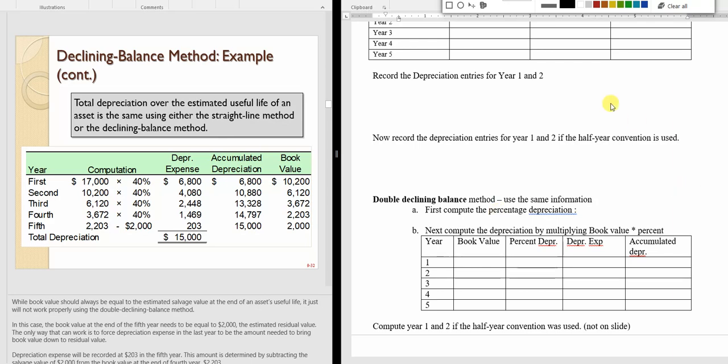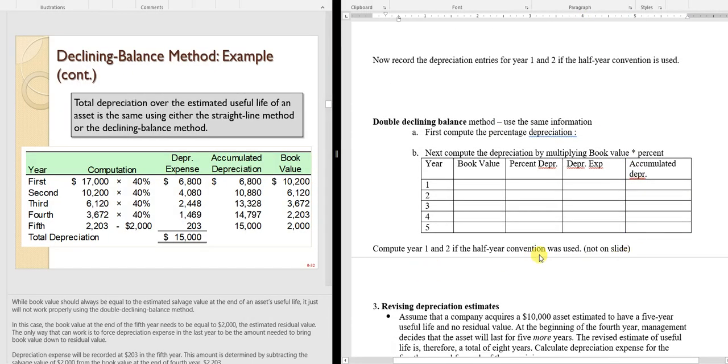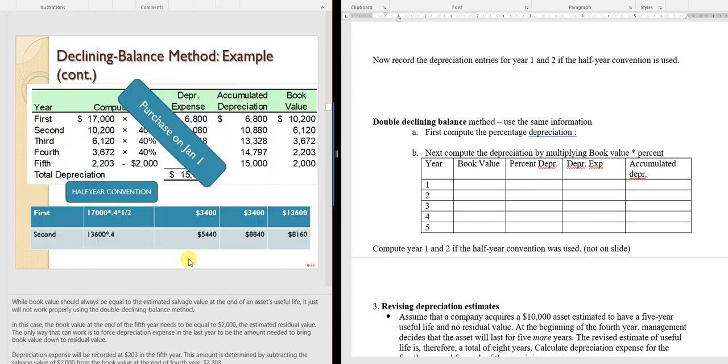Okay, all right, so this is not on the slide, but what happens if the half-year convention is used? Just be careful in using the half-year convention, because you honestly have to redo the entire table because of the book values going down. So in the next slide, I kept the example for the first year, but I just want the first and second year.